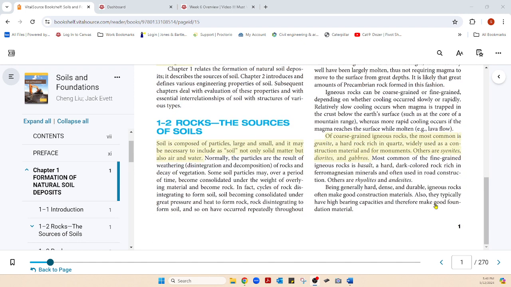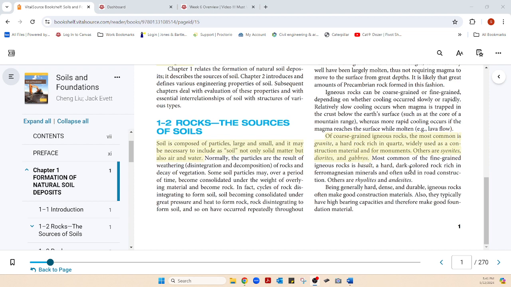Of the coarse-grained igneous rocks, the most common is granite, a hard rock which is quartz, widely used as a construction material for monuments, and you've seen those in many cemeteries, I'm sure, and statues. Others are syenites, diorites, and gabbros. I'm not sure where that comes from. I don't think that's on the test.